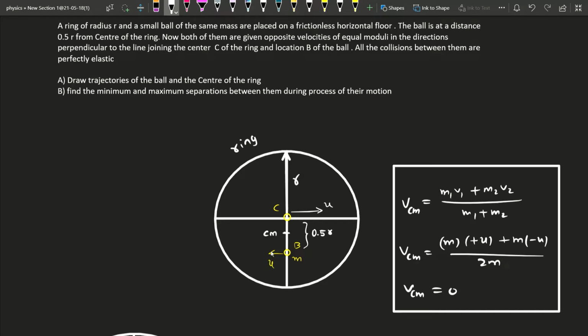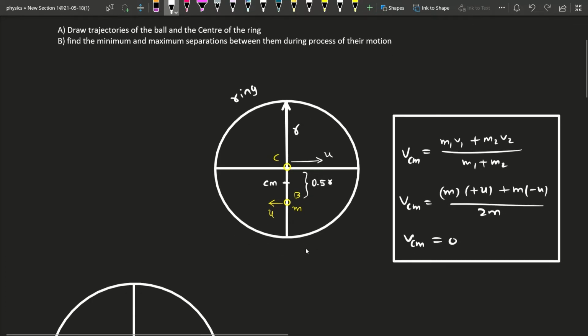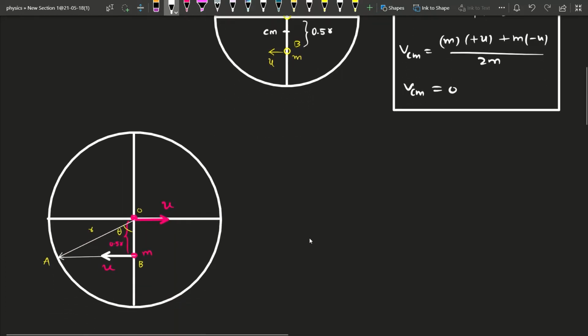We have to observe the diagram of the problem after the ball m starts moving towards the left. See here, I have already plotted that diagram. The ball of small mass m is given a velocity u towards the left, and the center of the ring will move towards the right with the same velocity.